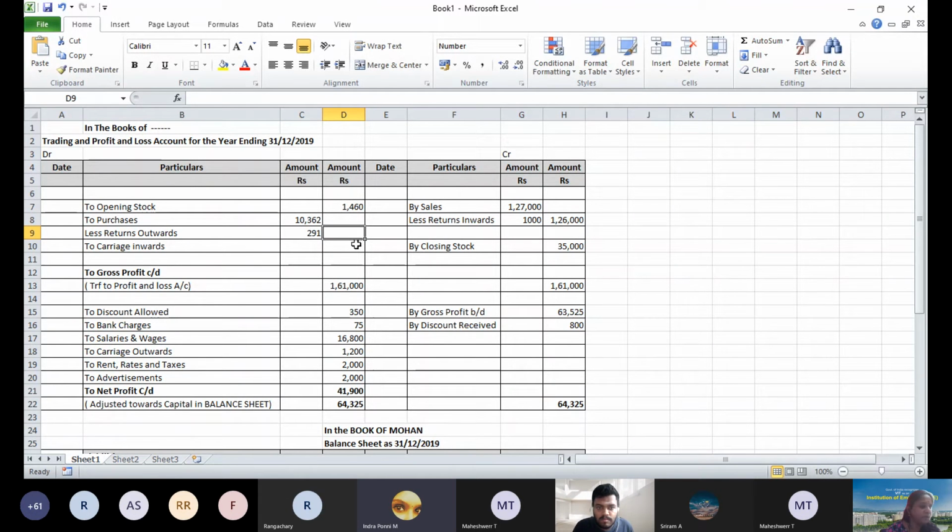So the amount is 10,071. Then what else is coming in trading account? Sales, less return inwards, 210. What is the amount? 11,696.